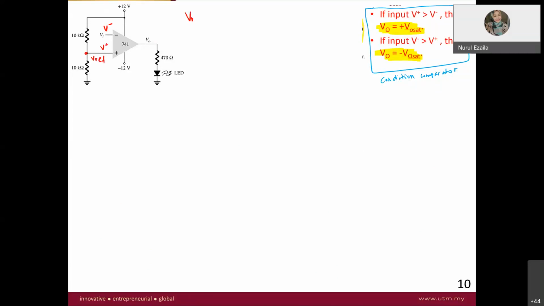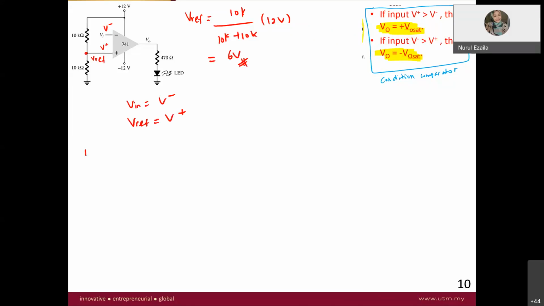So your V reference is equal to 10K over 10K plus 10K times 12 volt, which is the same, 6 volt. So the V reference is equal to 6 volt. Let's put that V in is equal to V minus, and V reference is equal to V plus.